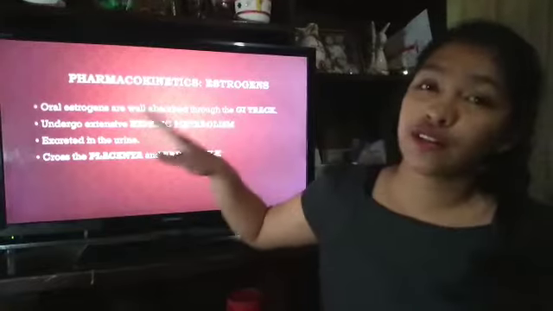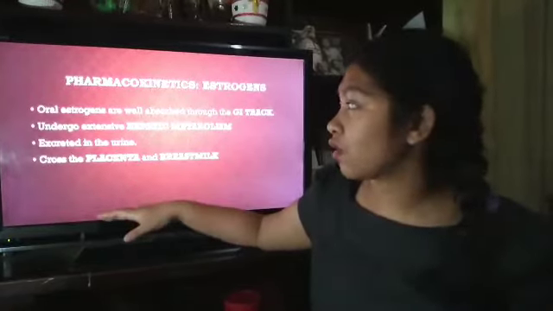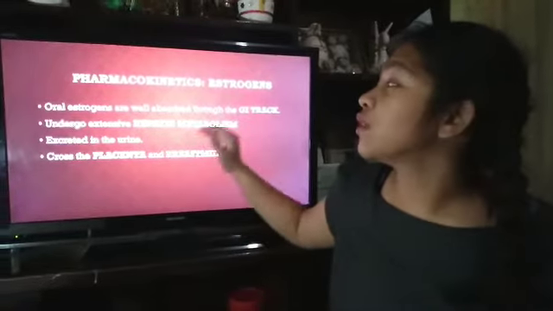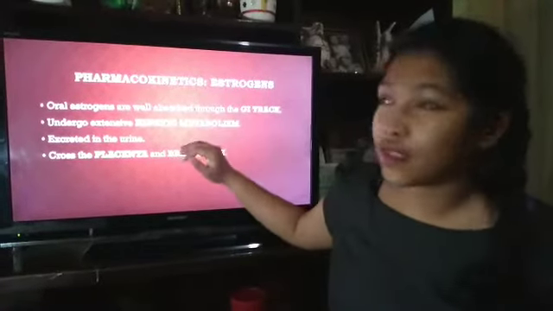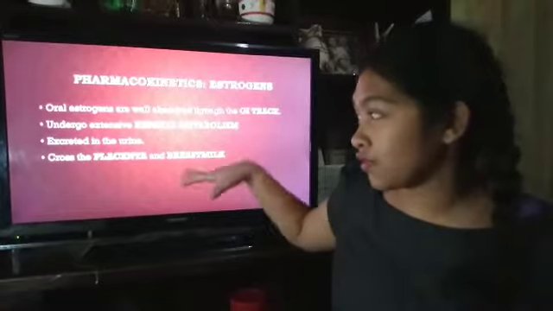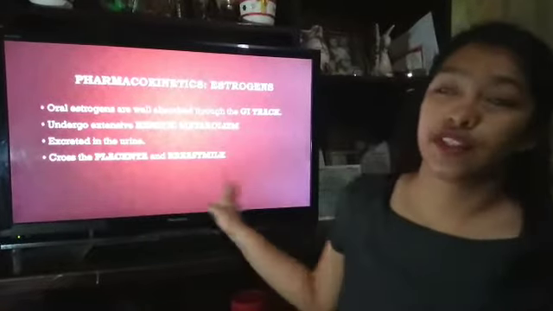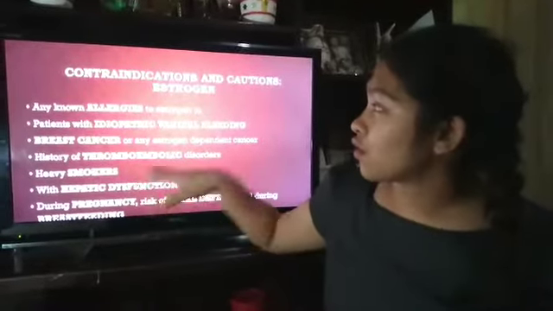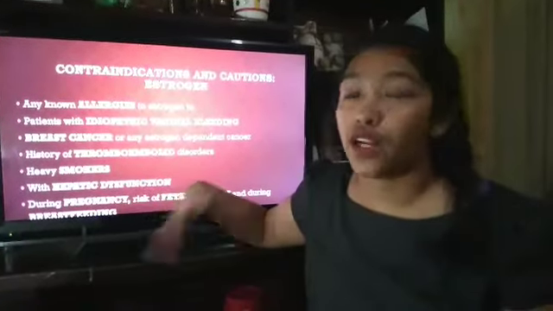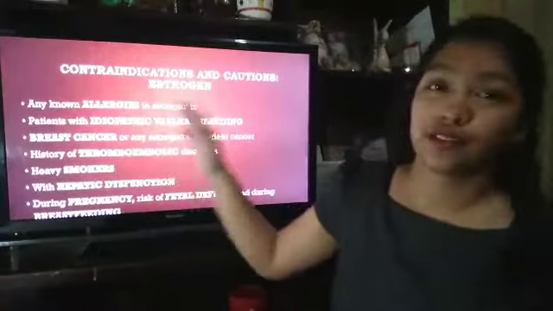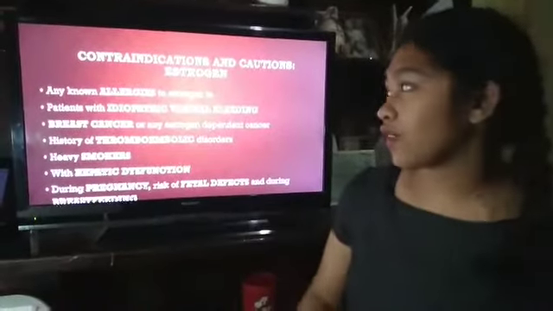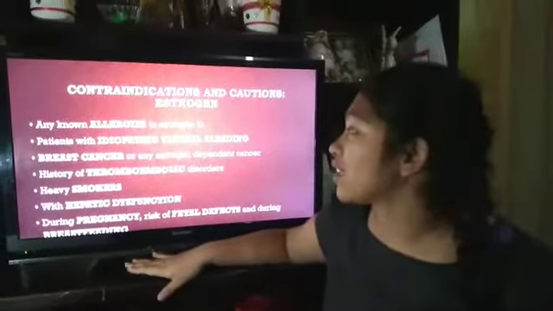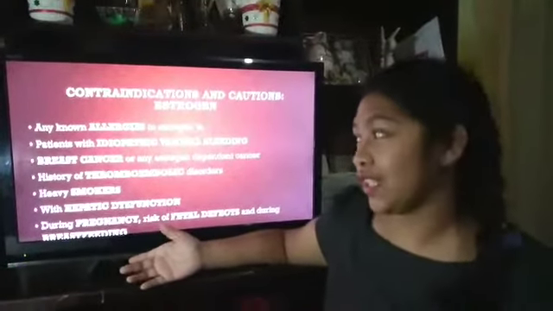Pharmacokinetics of estrogen: it is ingested orally through the GI tract, absorbed, and undergoes extensive hepatic metabolism, and is excreted in the urine. It crosses the placenta and breast milk. Of course, the contraindications and cautions of estrogen: if there are any known allergies, to prevent hypersensitivity reactions, and patients with idiopathic vaginal bleeding or PID.